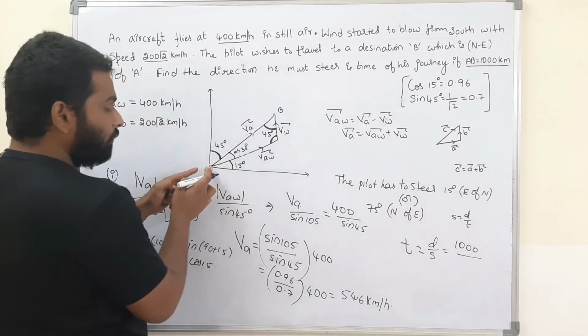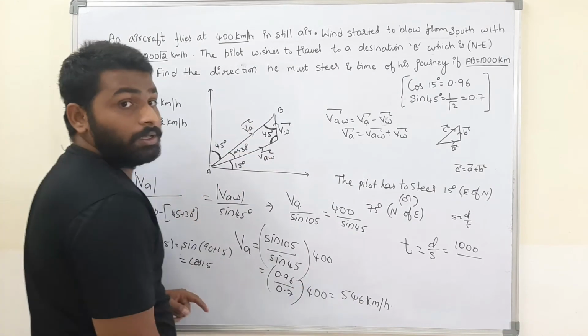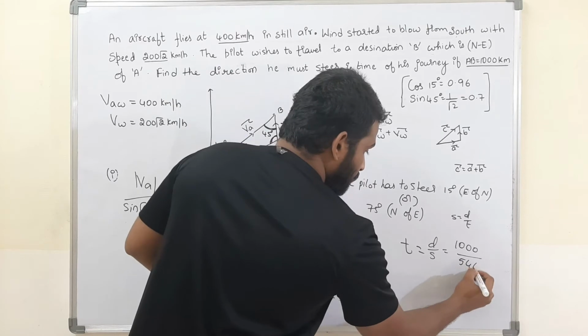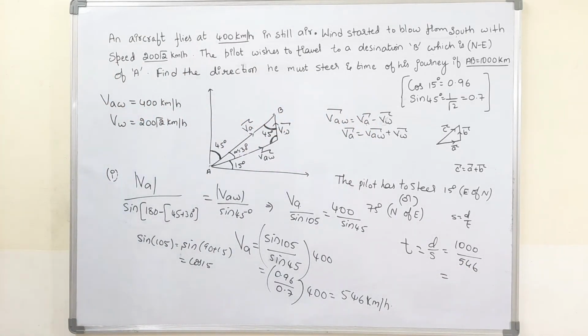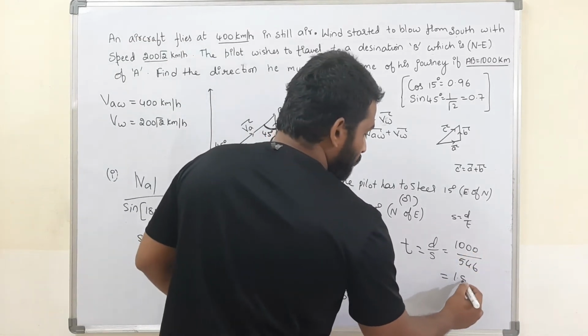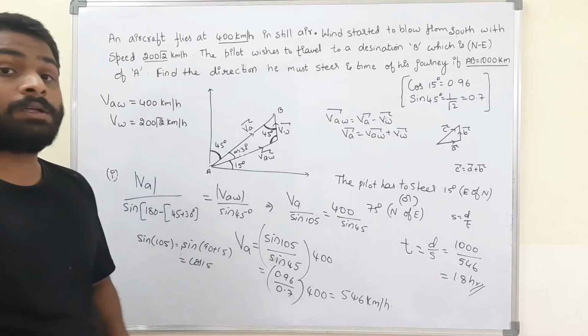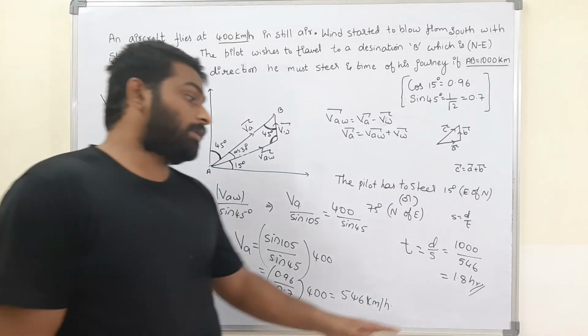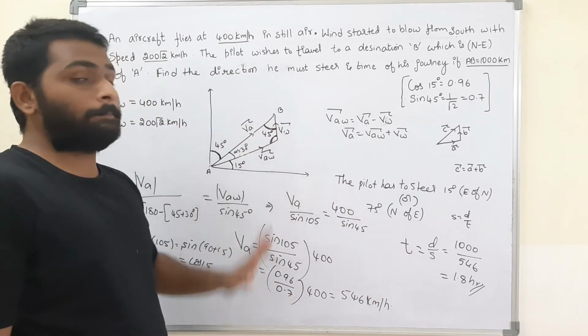And the speed is the velocity with which the aircraft is moving in that direction, that is VA, which is 546. Now calculate the time. If you calculate, you will get nearly 1.8 hours. That is the time taken by the aircraft to move 1000 kilometers in this direction.